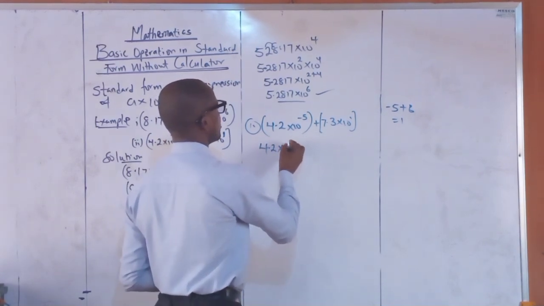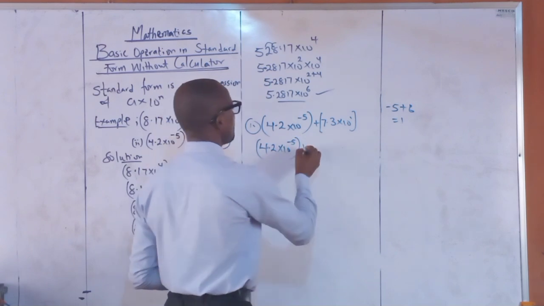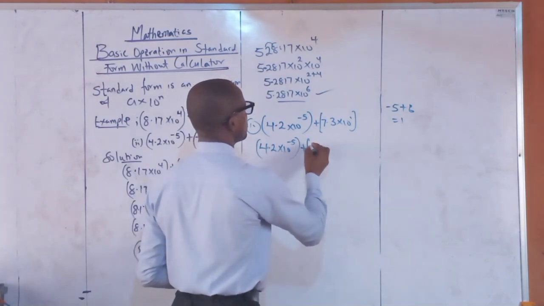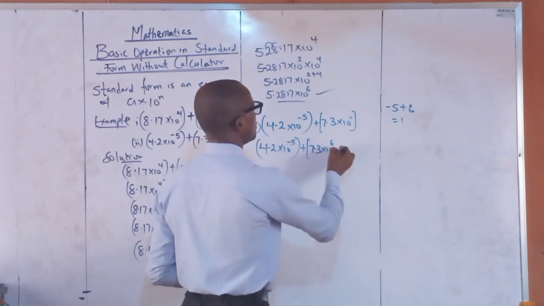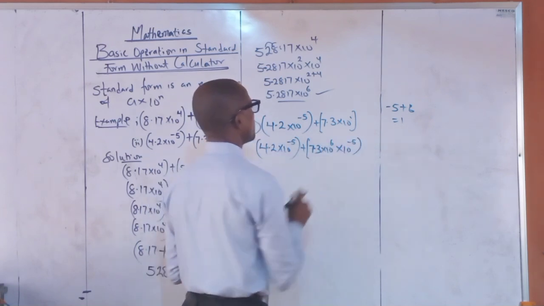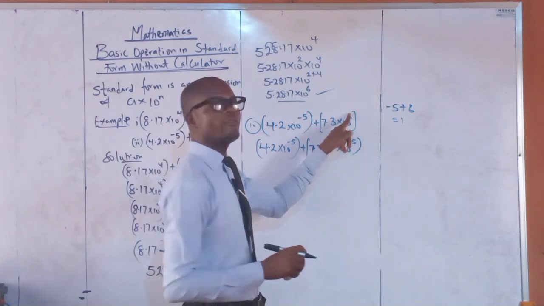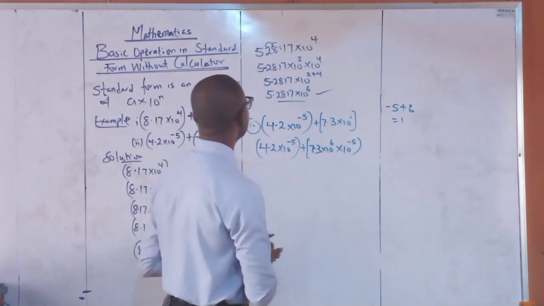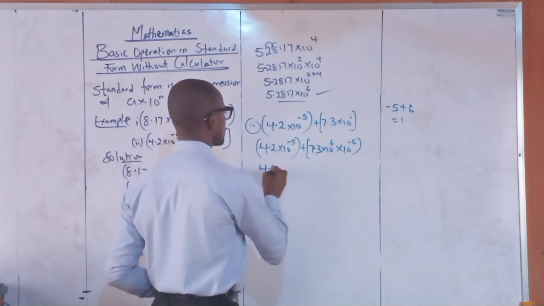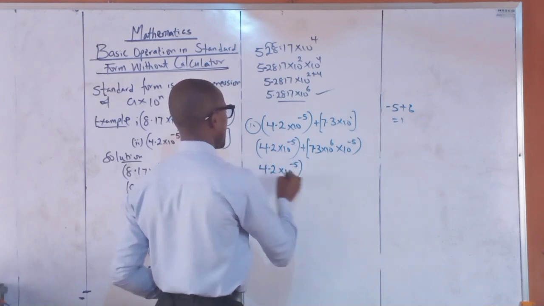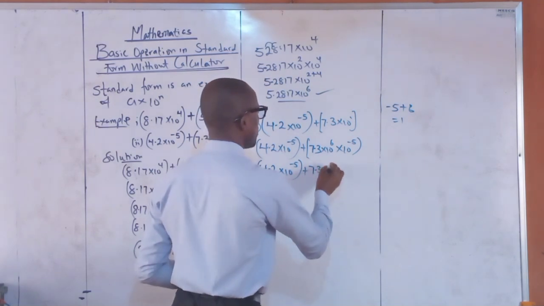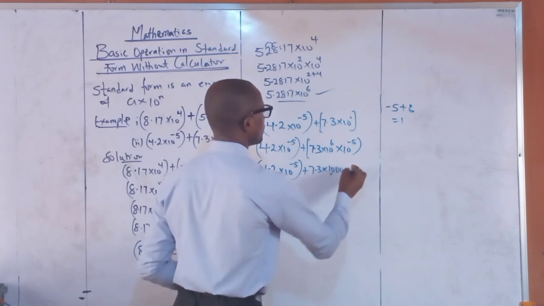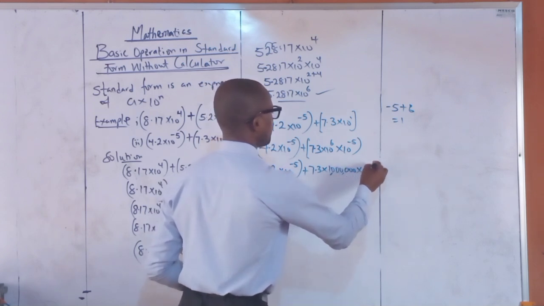So it can be written as 4.2 times 10 raised to the power minus 5, then plus 7.3 times 10 raised to the power 6 times 10 raised to the power minus 5. Now, if you add these two powers together, you have 1. Now, the next thing to do is 4.2 times 10 raised to the power minus 5 plus 7.3 times 1 million, then times 10 raised to the power minus 5.